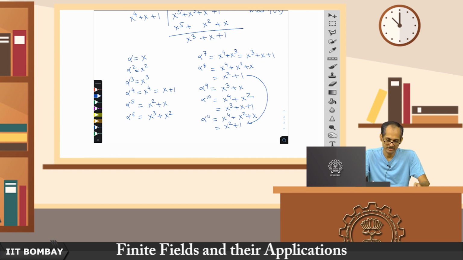So, next one will be x square here, and then when we divide that by x 4 plus x plus 1, we get x square plus x plus 1. And then the next one we get x cube plus x square plus x.